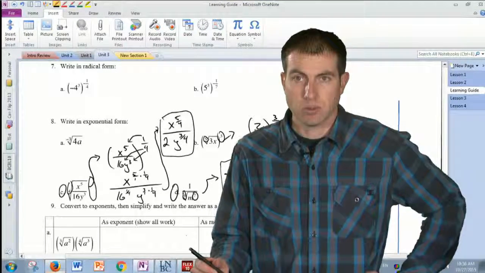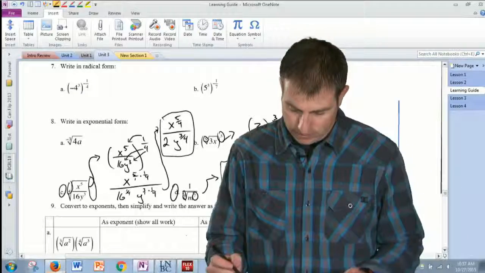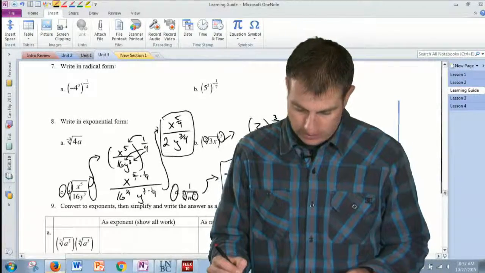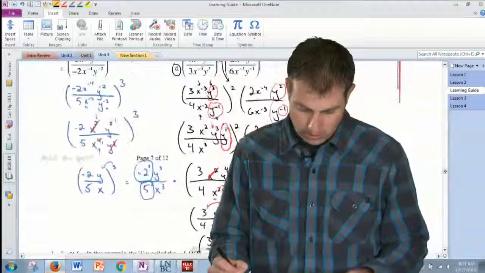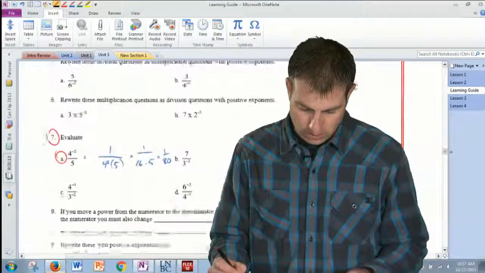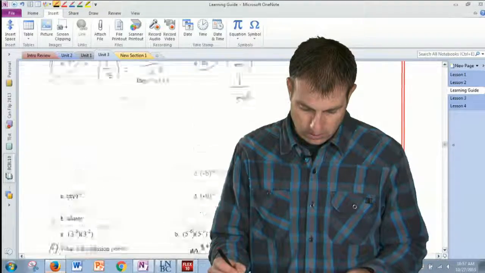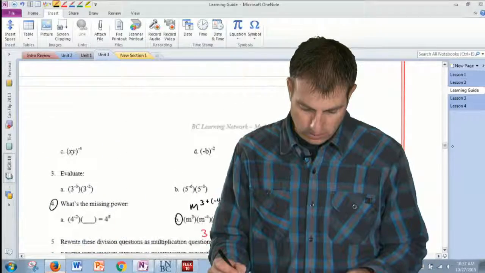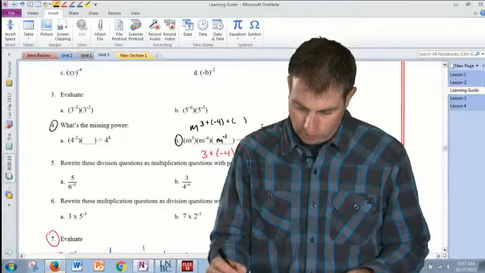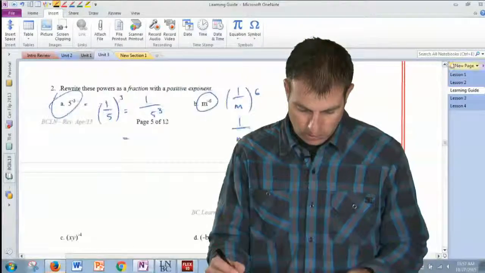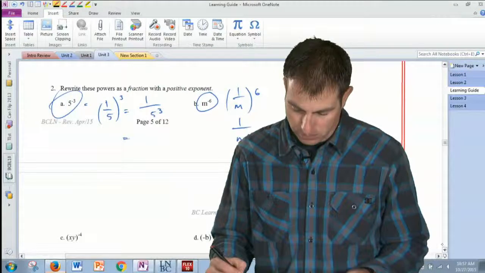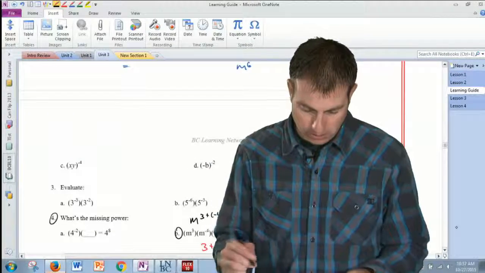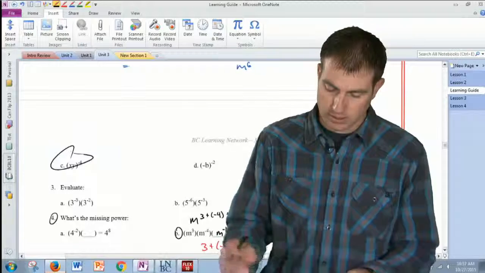Page 6, negative exponents 2c. Let's rewrite powers of fractions with a positive exponent. All right, so we want a positive exponent. We're looking at this guy here.